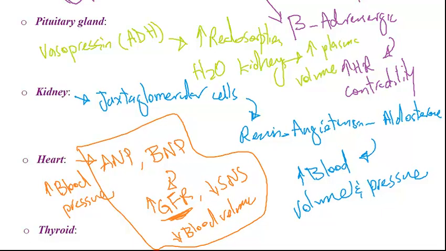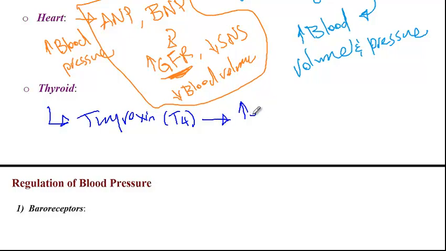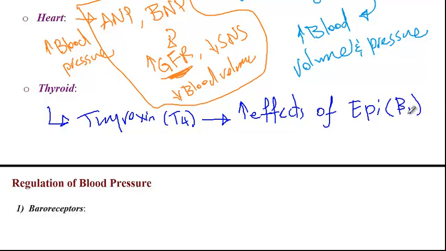And then finally we have the thyroid gland, which with the help of the follicular cells, will release the thyroxine or T4 hormone, which increases the effects of epinephrine by increasing the number of beta-1 adrenergic receptors, as a consequence of which now there is enhanced cardiac pumping, or contractility.